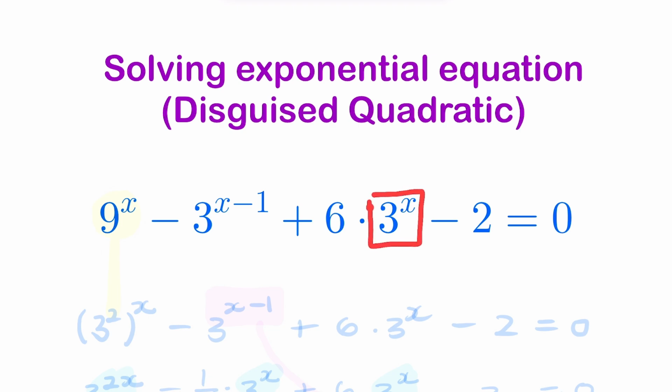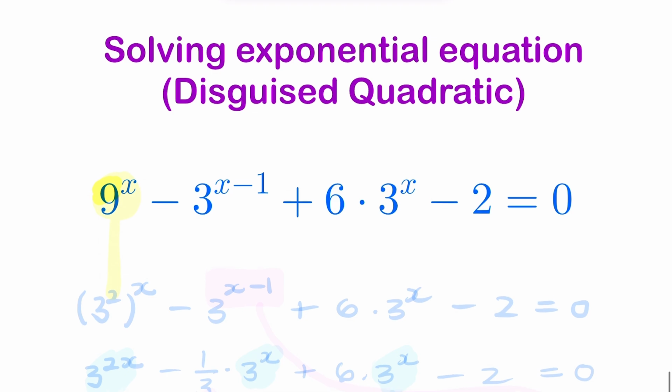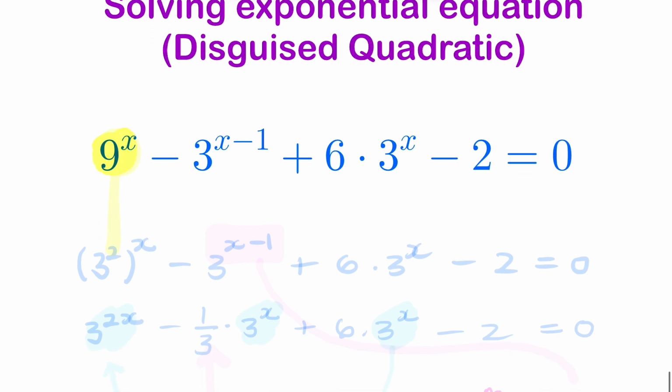a disguised quadratic. And I say that because 3 to the power x, if we were to square it, we'd get 9 to the power x. Let me show you how. So if you rewrite 9 to the power x as 3 squared to the power x, that can be then written as 3 to the power 2x.